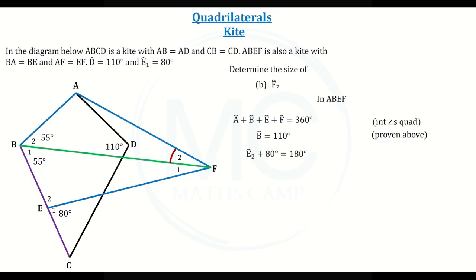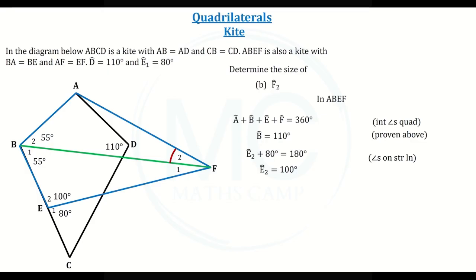And as our reason, we say these are the angles on a straight line. Now we can solve for E2. Let's subtract 80 from both sides, and we see that angle E2 will be equal to 180 minus 80, which leaves us with 100 degrees. Now let's take the purple line out of the diagram and write in 100 degrees for the angle of E2.